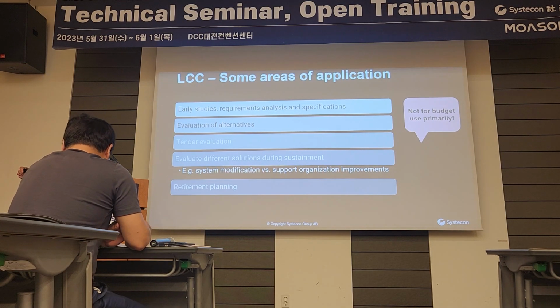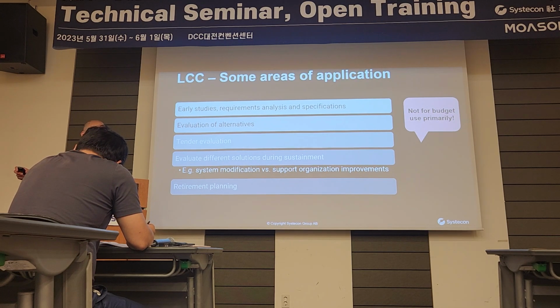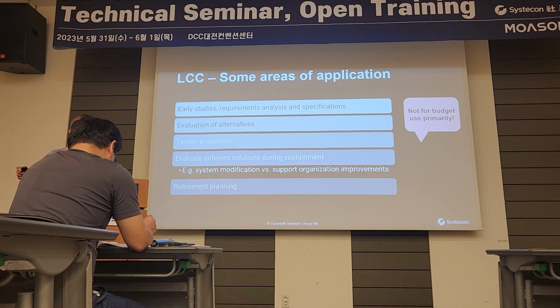And we ask, why didn't you ask for this information when you were procuring the system? It was not in the contract. And why was it not in the contract? It is because no one asked for it when procuring the system. And maybe it's a bit simplistically said, but still there is something in that.